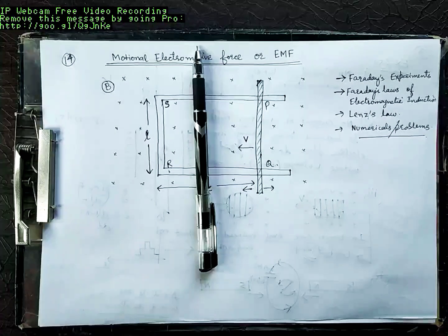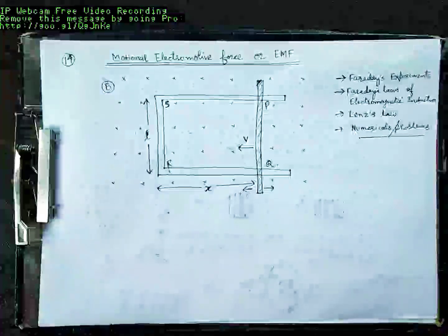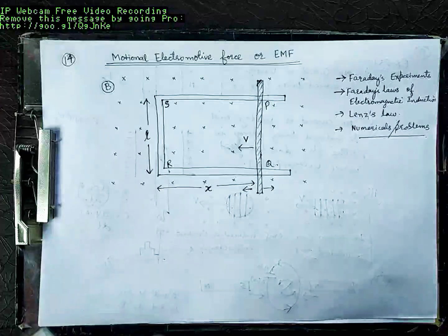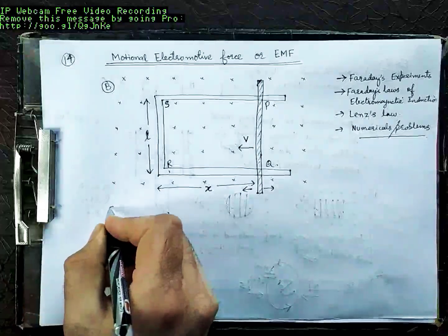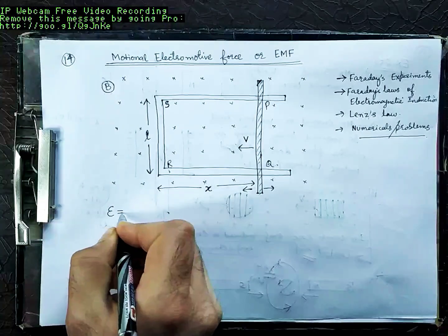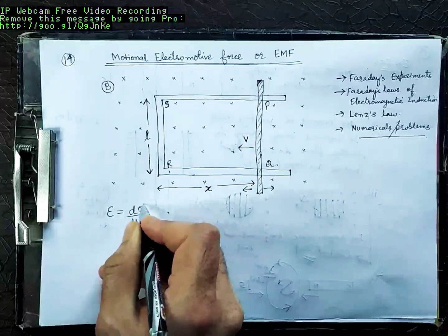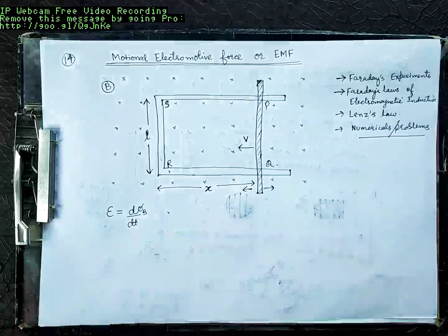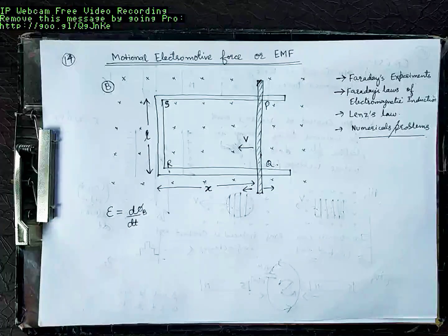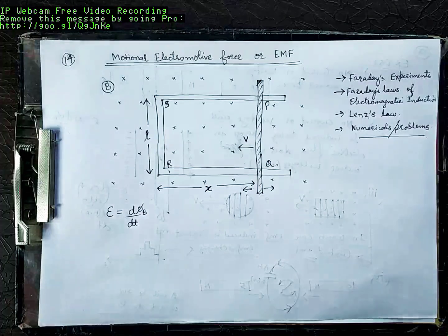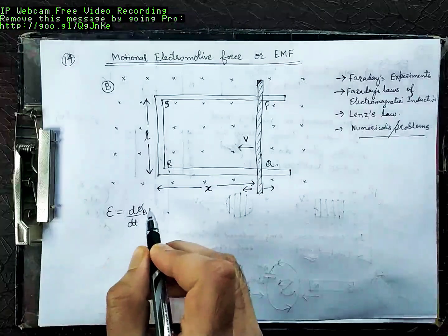But we already know from Faraday's law of electromagnetic induction that the EMF induced E is equal to d phi divided by dt, where phi B is the flux through the loop. In fact, it is N d phi by dt, where N is the number of turns.